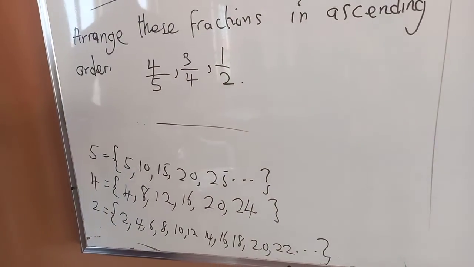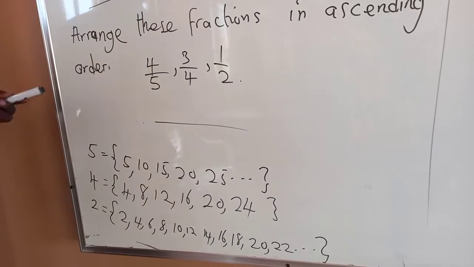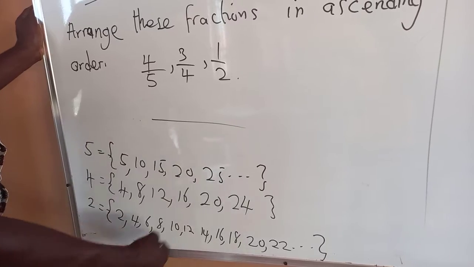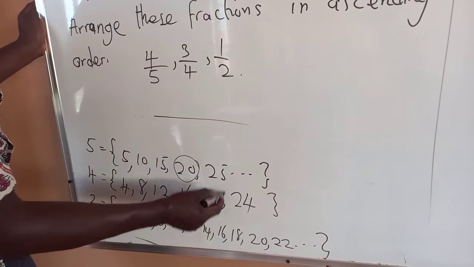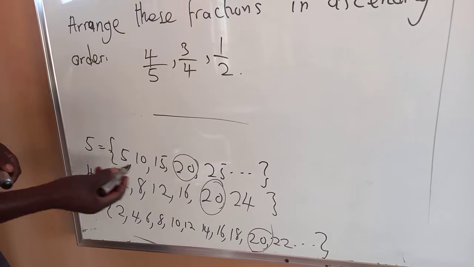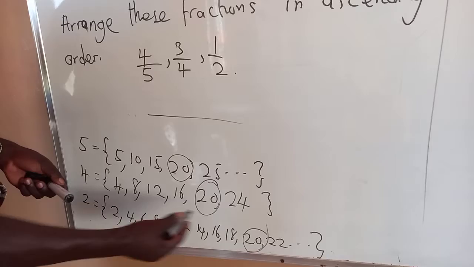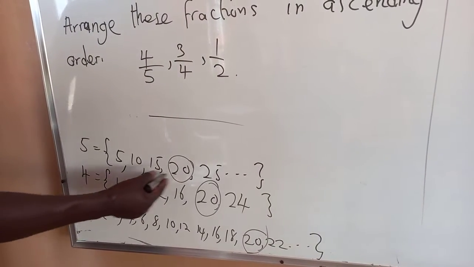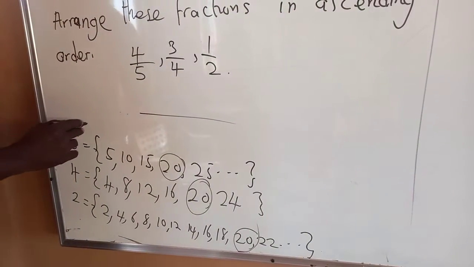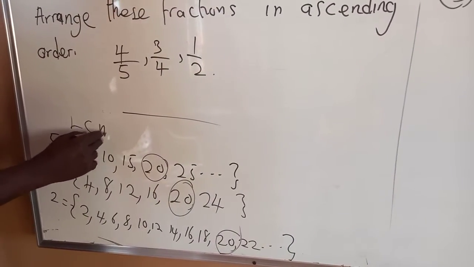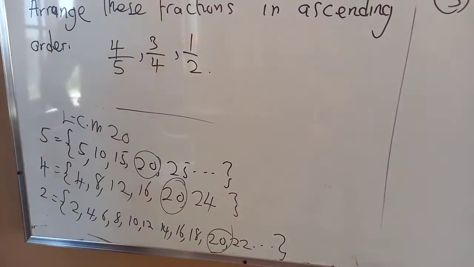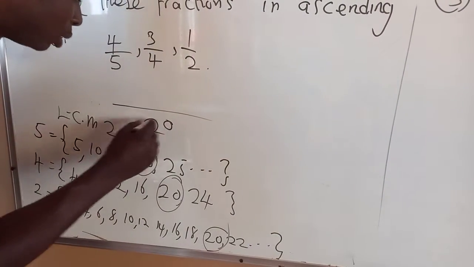Now let's find the common number among them. 20 is here, 20 is here, 20 is also here. So the common number among them is 20, and we take the least one. So our LCM is equal to 20. We use this to find the common denominator.